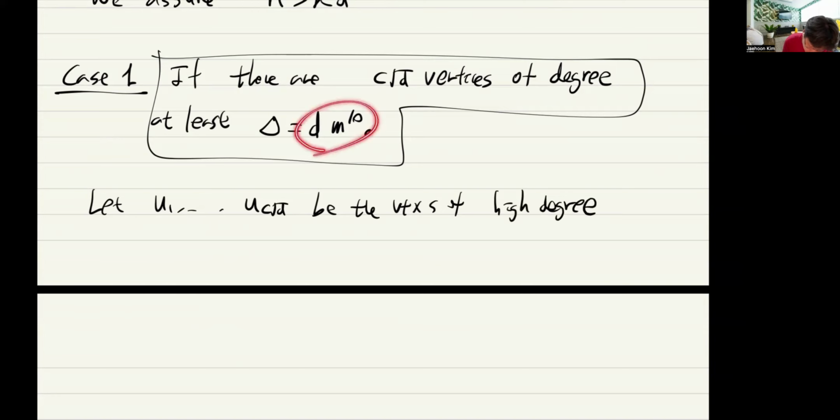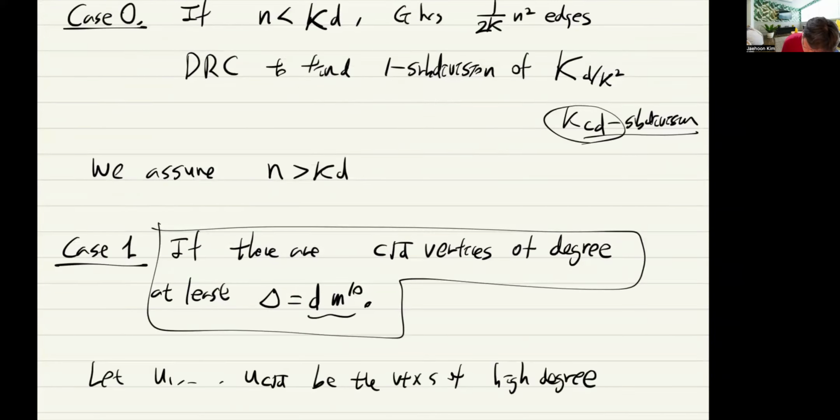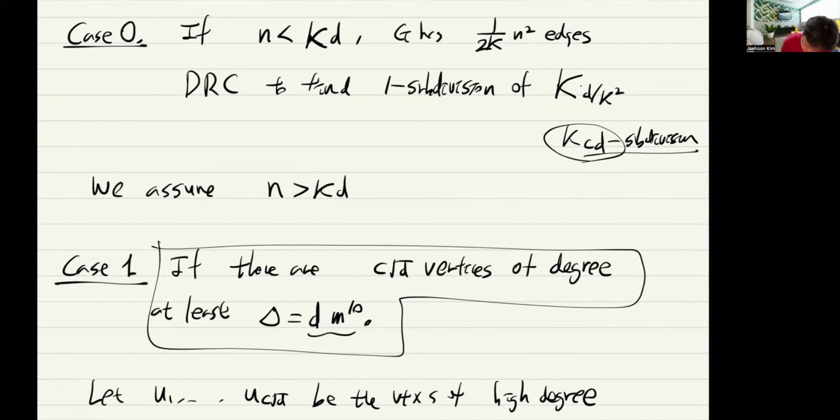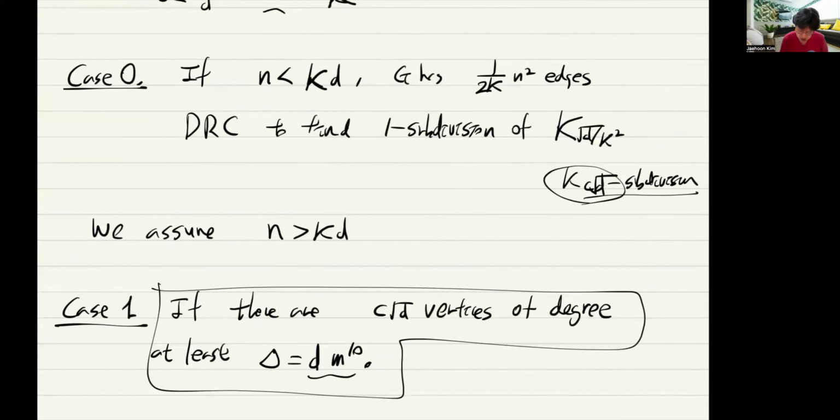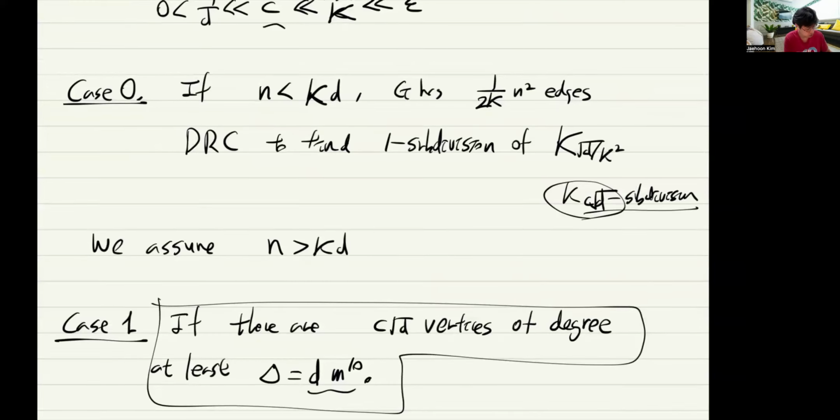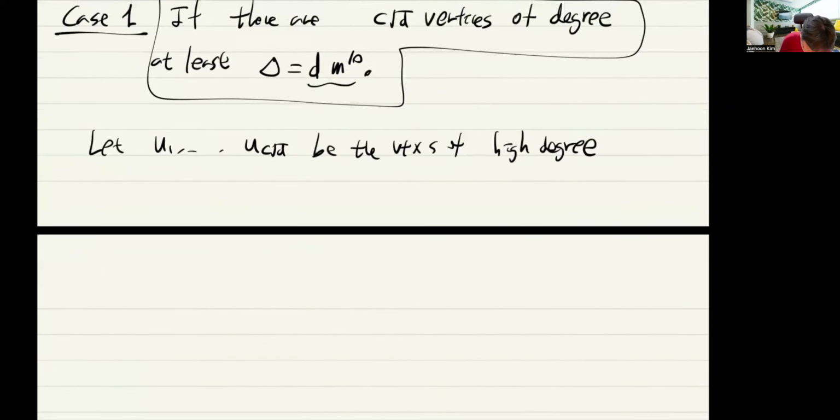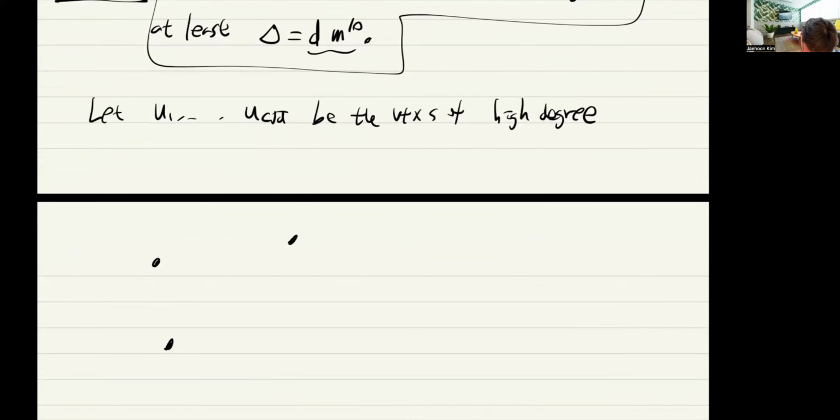If you see, where does this kind of number come from? Sorry, this should be square root. Of course, assuming that you have a subdivision of K C square root of D, then how many paths do you require?